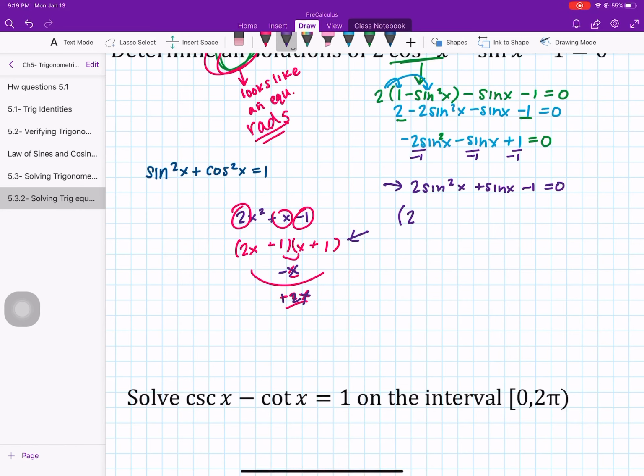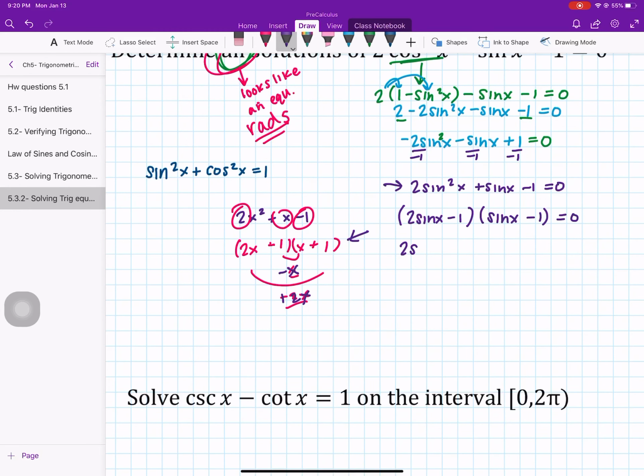So we're going to have, instead of 2x, it's 2 sine of x plus 1, oops, minus 1. And then sine of x instead of x minus 1 equals 0. And from here on out, this should be a pretty simple solving problem.